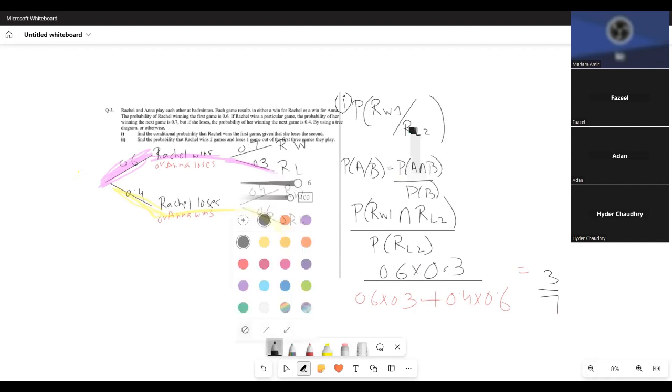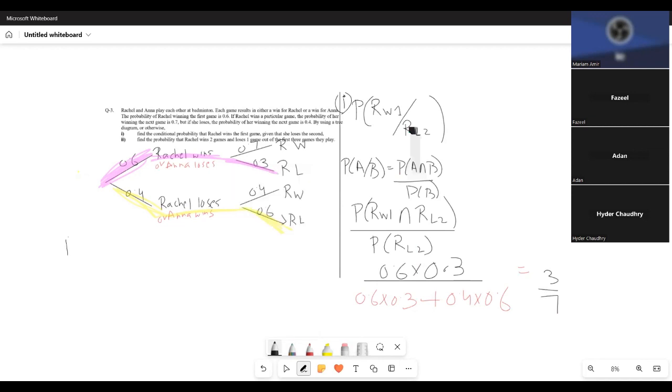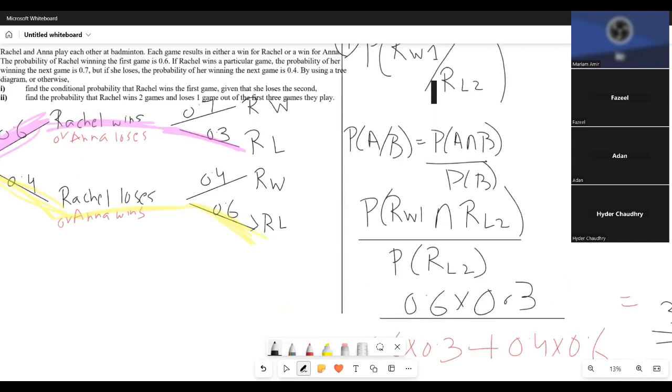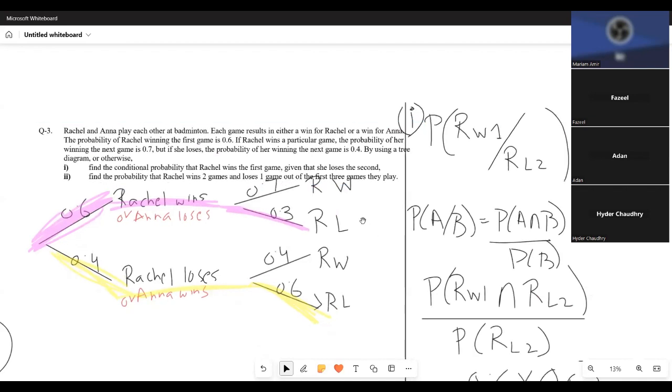Okay, part 2. बहुत ही zoom out हो गया. Let me zoom in for a second. Part 2 is find the probability that Rachel wins 2 games and loses 1 game out of the first 3 games she plays.